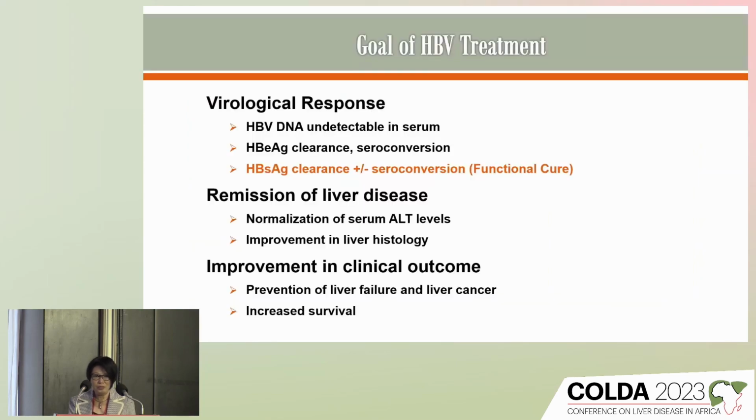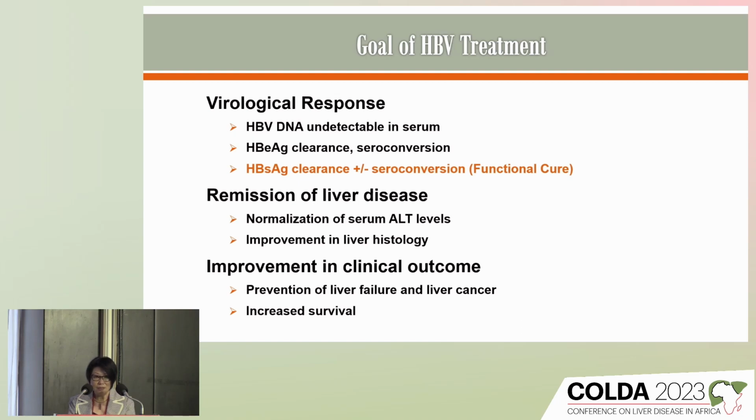I will go straight to why we treat hepatitis B. Our immediate goal is trying to suppress the virus. By doing so, we will have parallel normalization of the serum ALT level and also improvement of histological parameters such as inflammation and fibrosis.